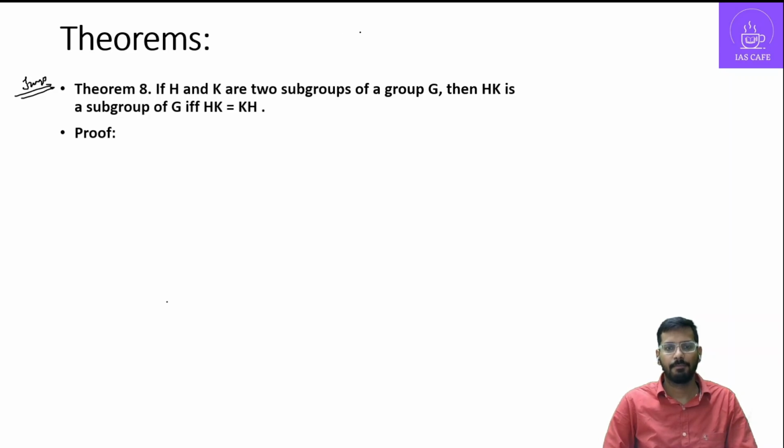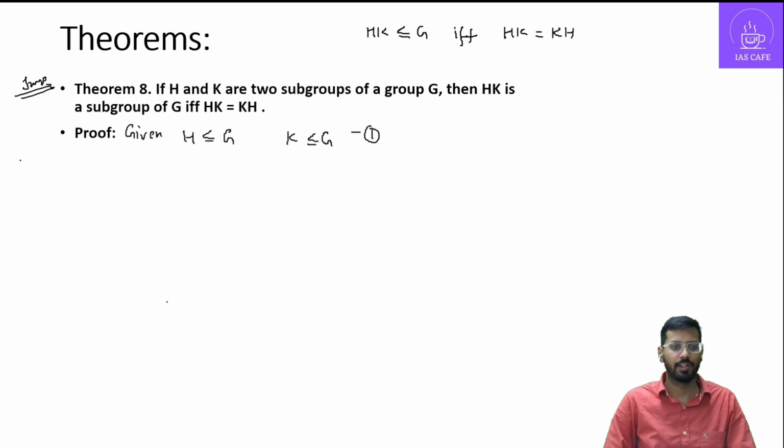So here we have to prove that HK is a subgroup of G if and only if HK is equal to KH. That we have to prove. So given that H is a subgroup of G and K is a subgroup of G, that is given. Call this equation 1.